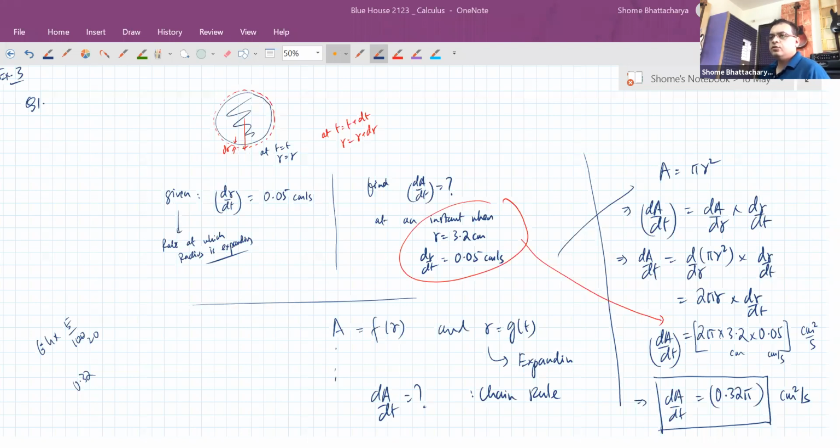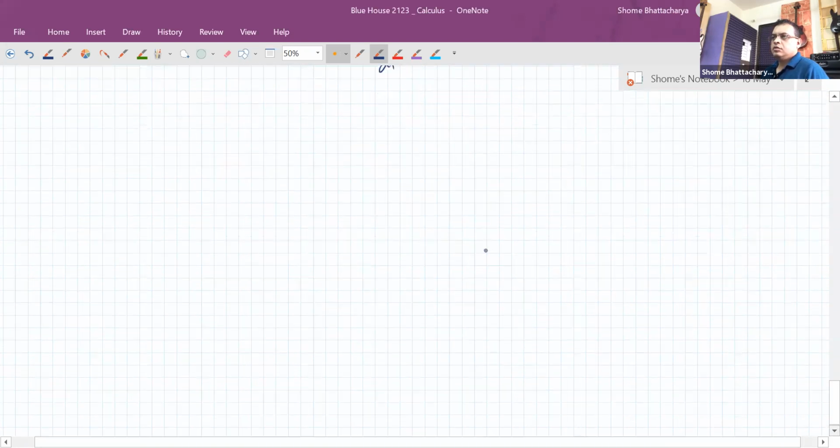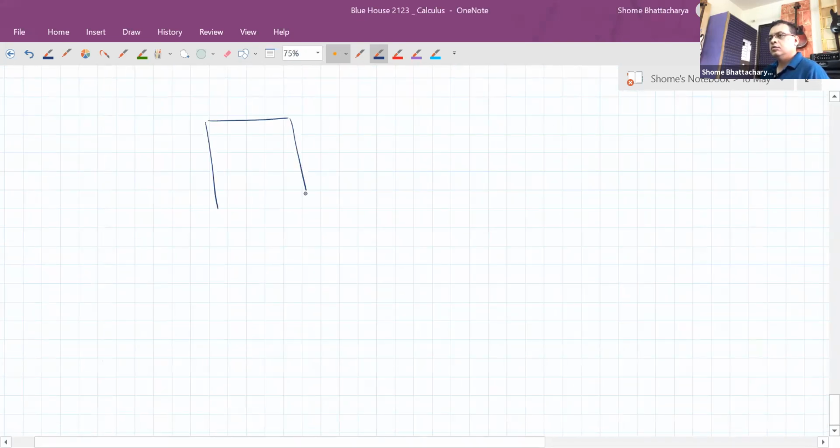So you can see it's the same kind of logic. This time the difference is that we're talking about the volume of the cube, and the edge length is increasing at a certain rate. So we have a cube whose instantaneous side length, or edge length, is L. So the volume of the cube is L cube.